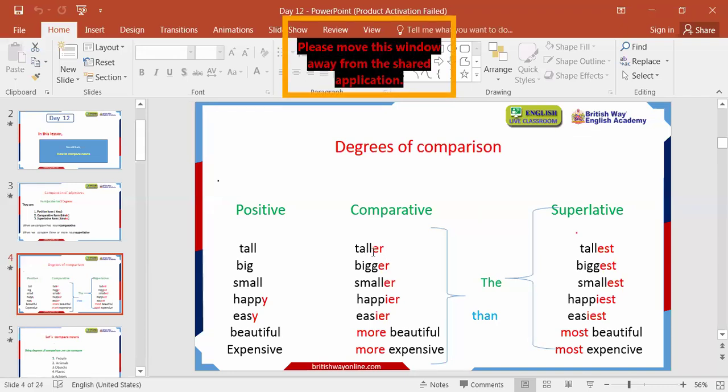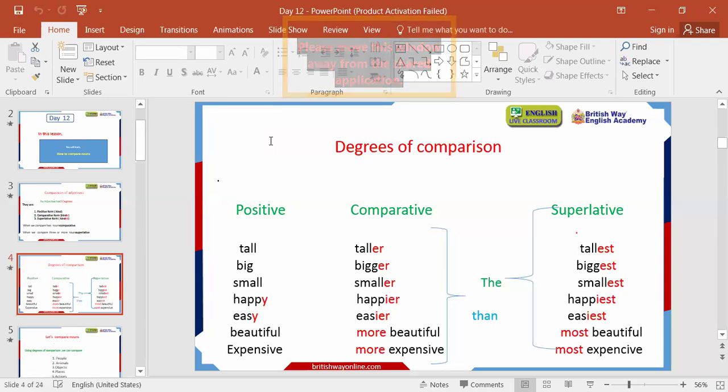Tall, big, small. We call them 1 syllable adjectives because we can say them at once without pausing. So we don't pause in the middle of the word.